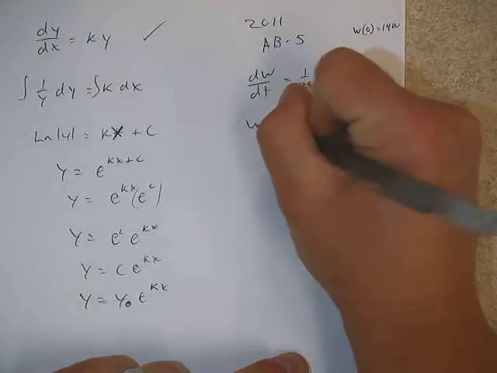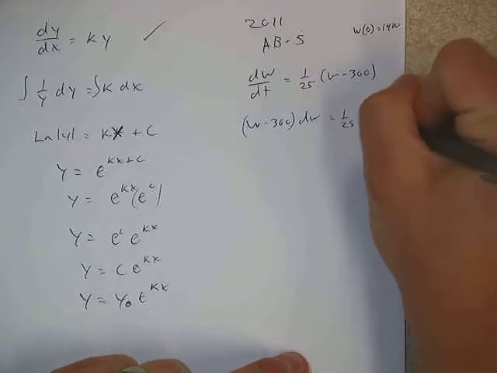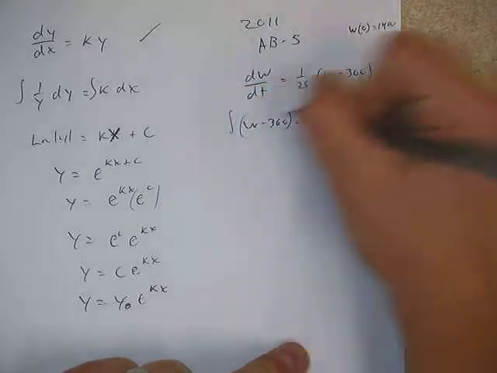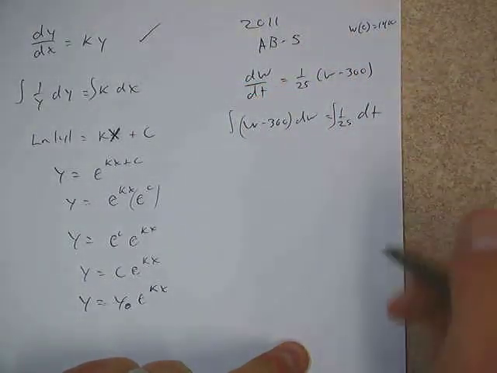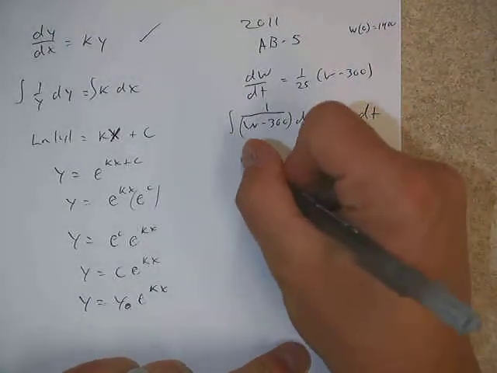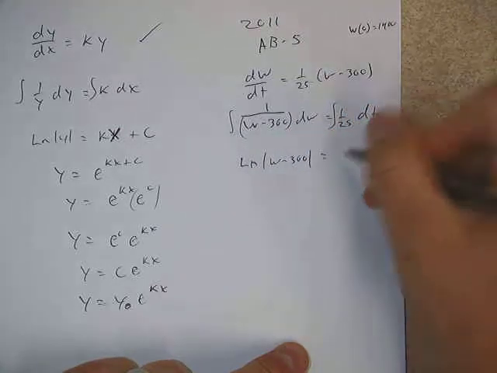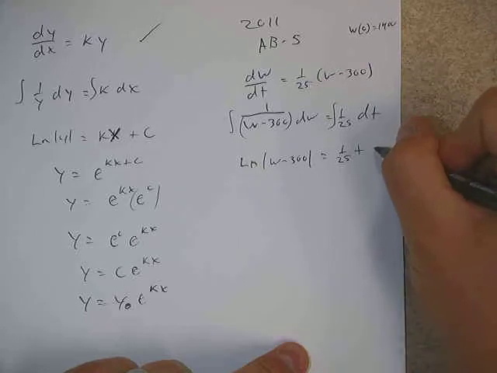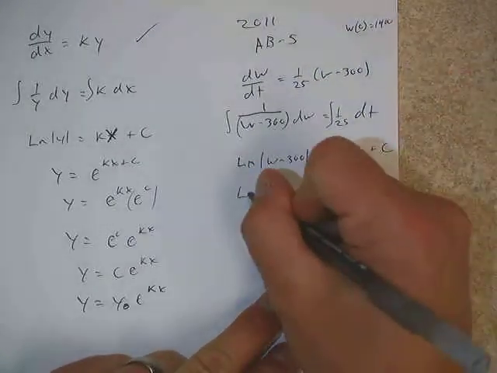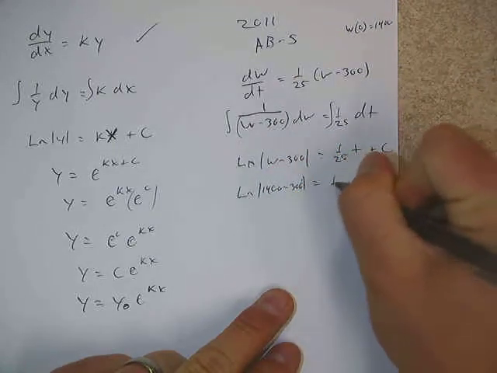But bottom line here is just to illustrate, when we have this differential equation that we need to solve, we'll do the same technique in terms of separating variables. We'll get w minus 300 on this side, and we'll leave the 1/25 on this side. So anti-differentiating at this point, oops, I lied, we have 1 over that because we're dividing, sorry. So 1 over w minus 300, and the antiderivative of that is ln of w minus 300, since that w minus 300 is linear, and over here we'd have 1/25 t plus c.